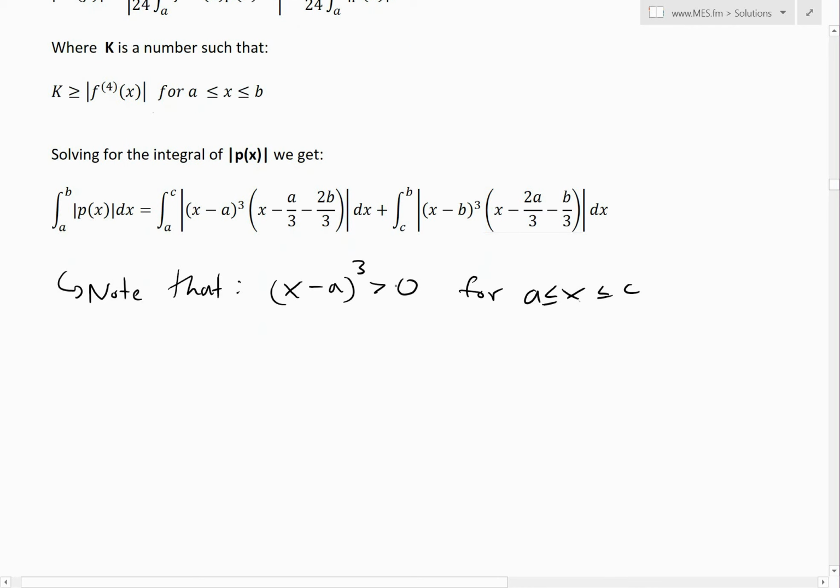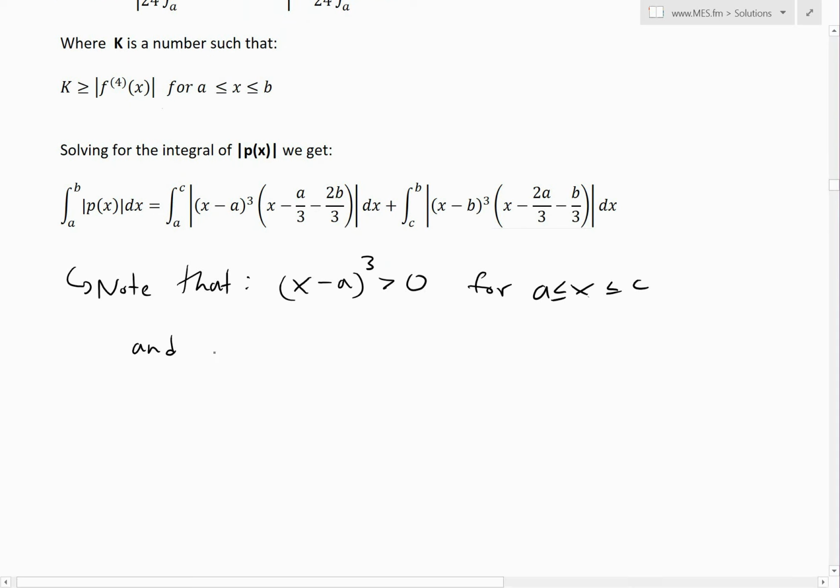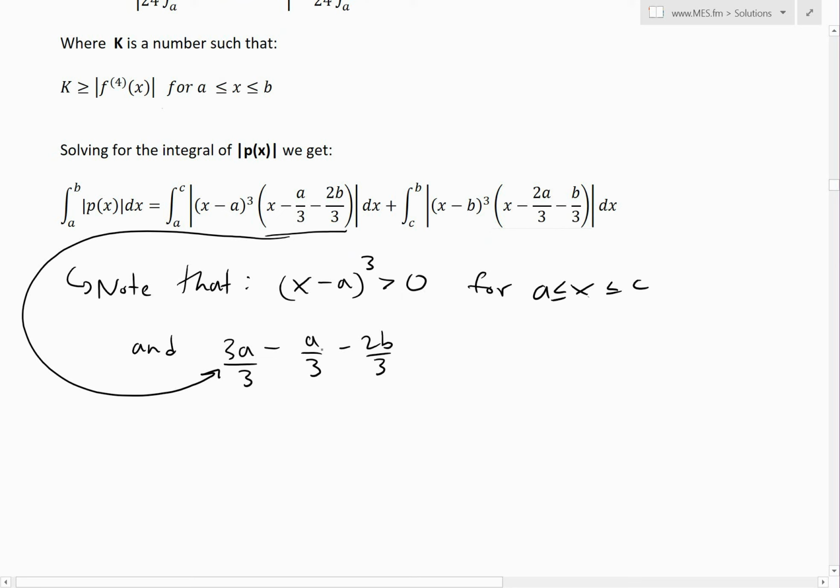Also note that at a, if we just look at this part right here, a minus a over 3 minus 2b over 3, if we just add these up, I'll explain what I'm doing in a bit.